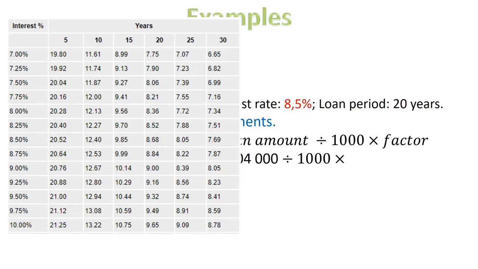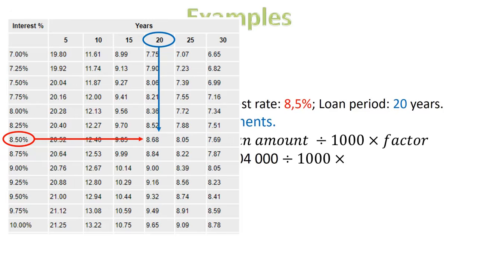So let's have a look. Our interest rate is 8.5%, and so down on the left hand side we find 8.5%. Next thing we look at, my years, it is 20 years, and so I find 20 at the top there. Now I follow my table and I get there to 8.68.